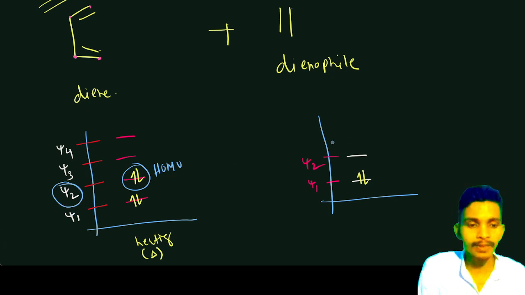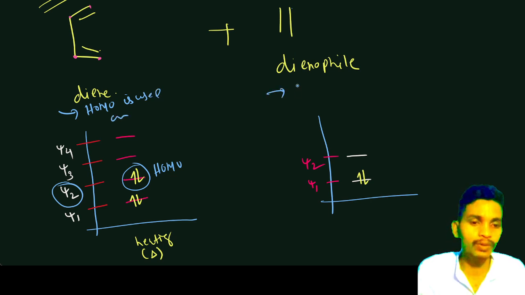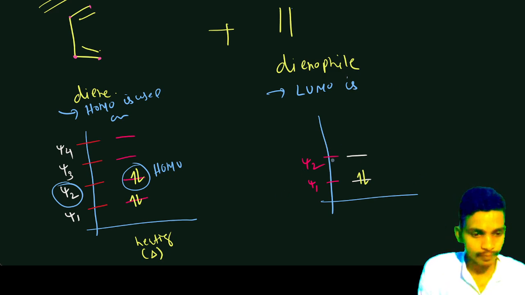So same case for dienophiles. What do you look for in dienophiles? LUMO, as I have discussed in the previous class. For diene, HOMO is used to analyze the reactions, and for dienophiles, LUMO is used to analyze reactions. So here for dienophiles, that LUMO you will look. So which one is the LUMO?